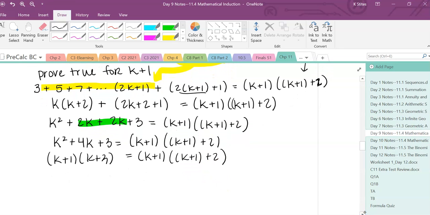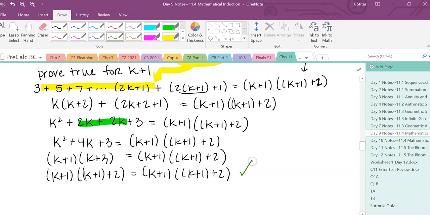And finally, oh my gosh, k plus 3 can be broken apart like that. And voila. Okay, again, you're going to write, since conditions 1 and 2 are met, the statement is true for all natural numbers.